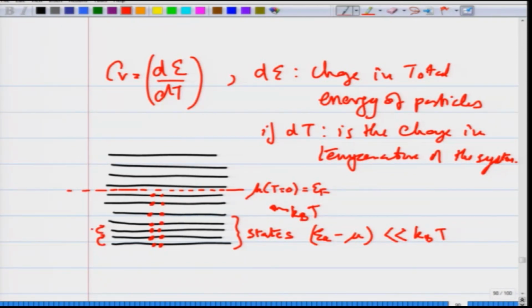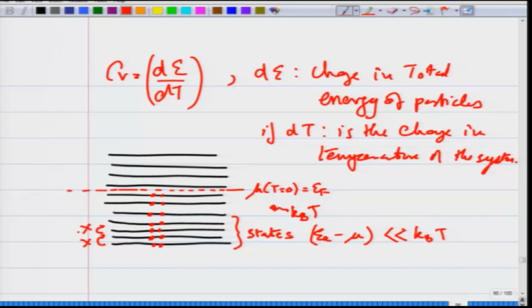Finally, if you change the temperature to change the total energy, you have to cause some excitation. They have to go to higher energy states, but these excitations for the states which are very far away from the Fermi energy or deep inside the system away from the Fermi energy, these states are completely occupied. You cannot cause any excitation for these states. Only the states which are within kBT of the Fermi energy, these states can be excited and taken to higher energy states, and only these are the ones which can absorb energy.